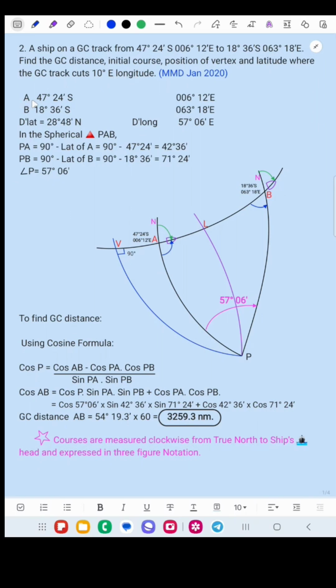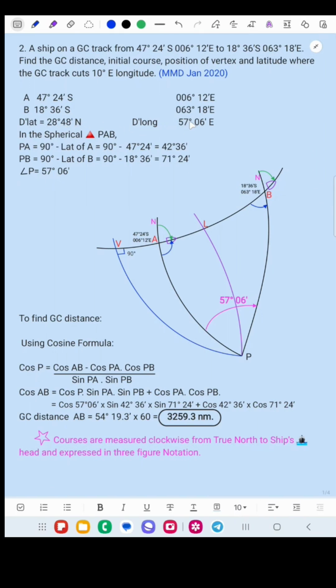Starting point is A, 47 degree 24 minutes south, and longitude is 006 degree 12 minutes east. B is 18 degree 36 minutes south, and B's longitude is 063 degree 18 minutes east. D lat between A and B is 28 degree 14 minutes and D long between A and B is 57 degree 06 minutes east.